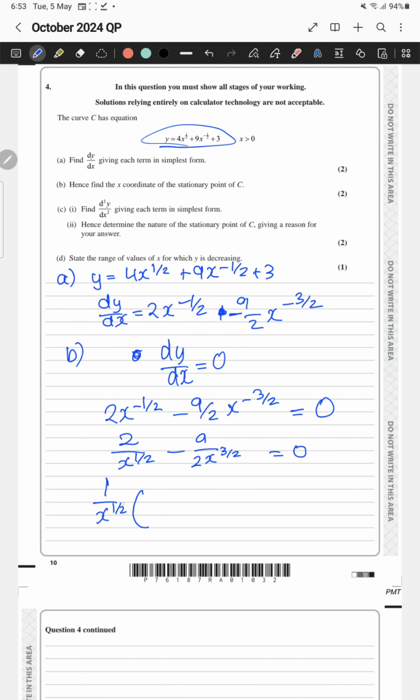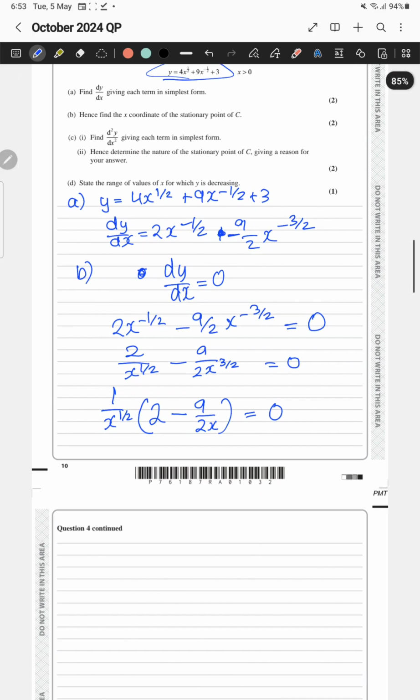Because when we multiply, we add the powers, this is going to be 2 minus 9 over 2 x, since 3 over 2 minus a half is just the power of 1, equal to 0. One thing is for sure: x is going to be 0. One of the stationary points is going to be 0.